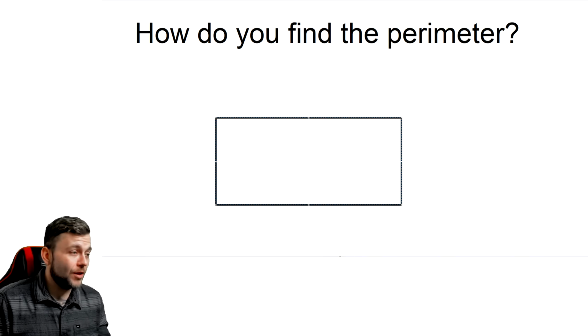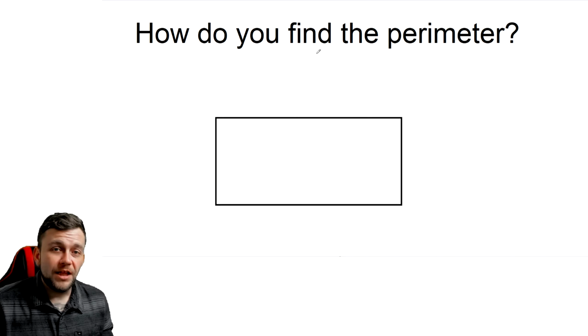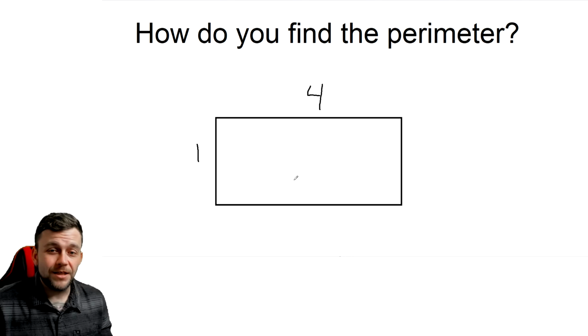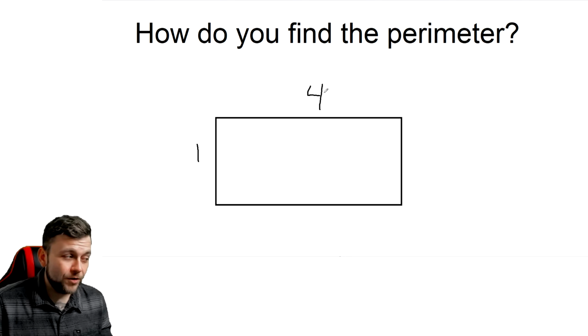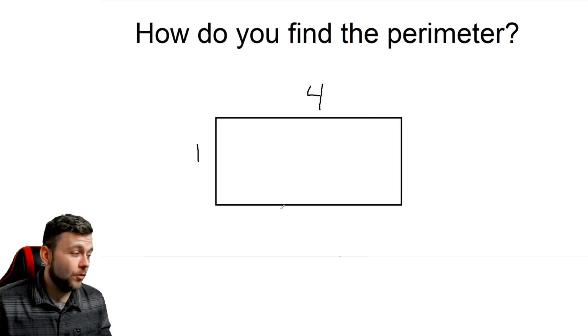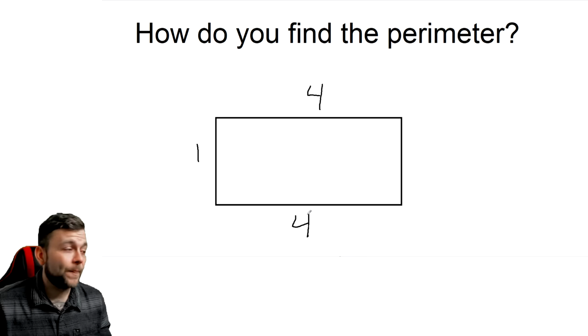Let's say that this rectangle has a side of 4 and 1. Since this side is 4 and the rectangle has 2 equal sides, we know that the other side is also 4. This side is 1, so this side must be 1.